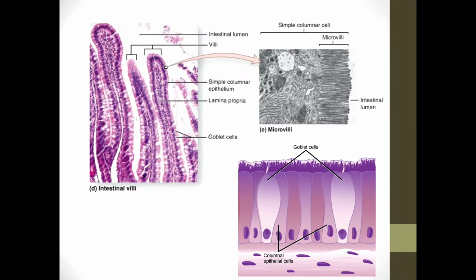So important cells, and they have another one. So they are cells that are secretory.